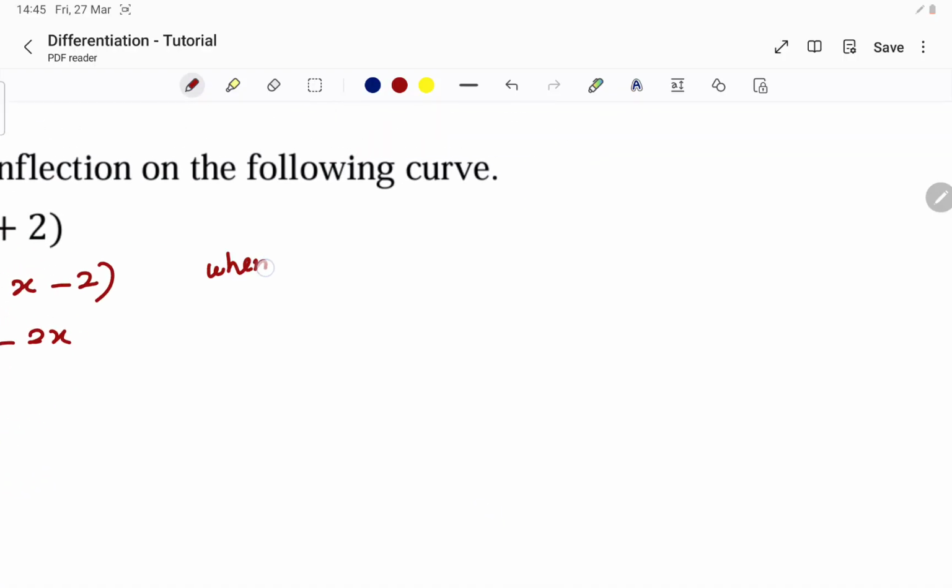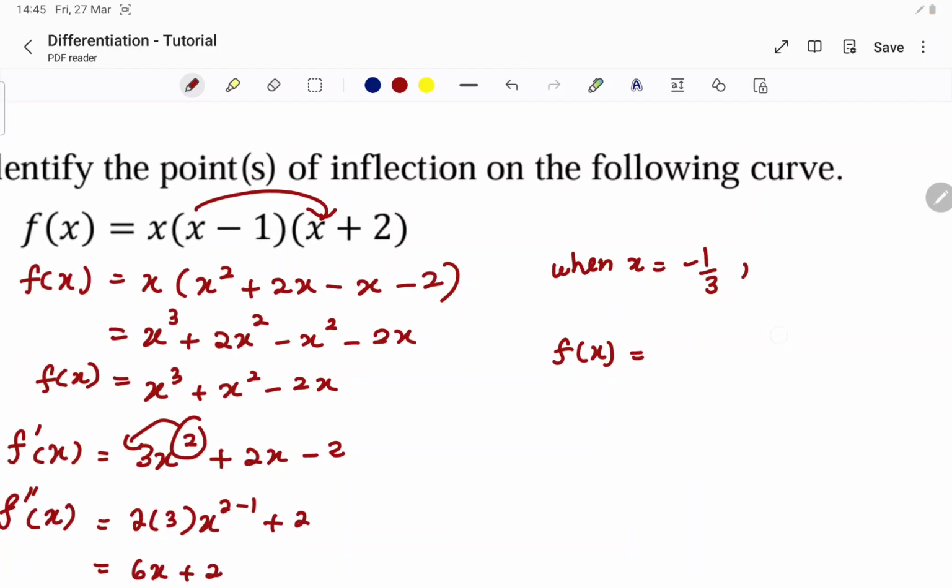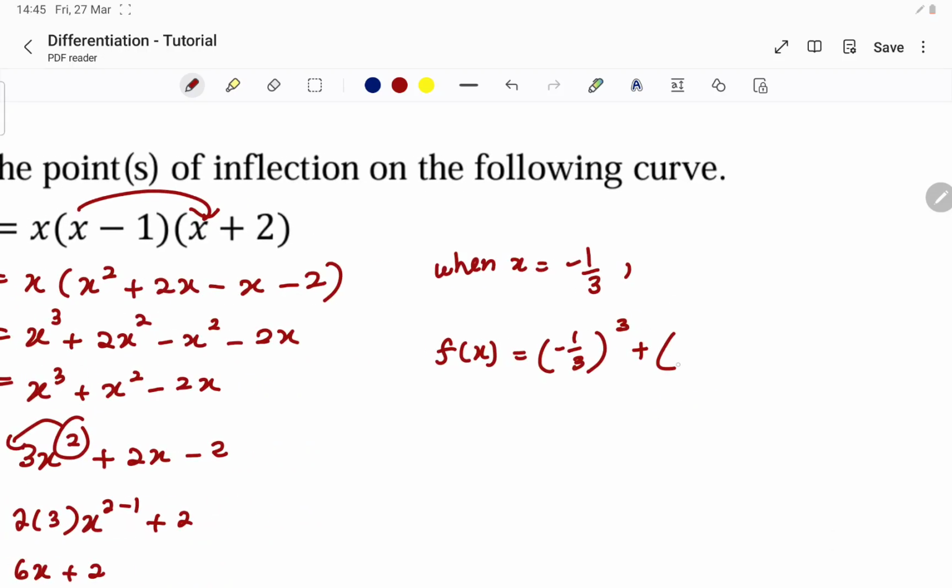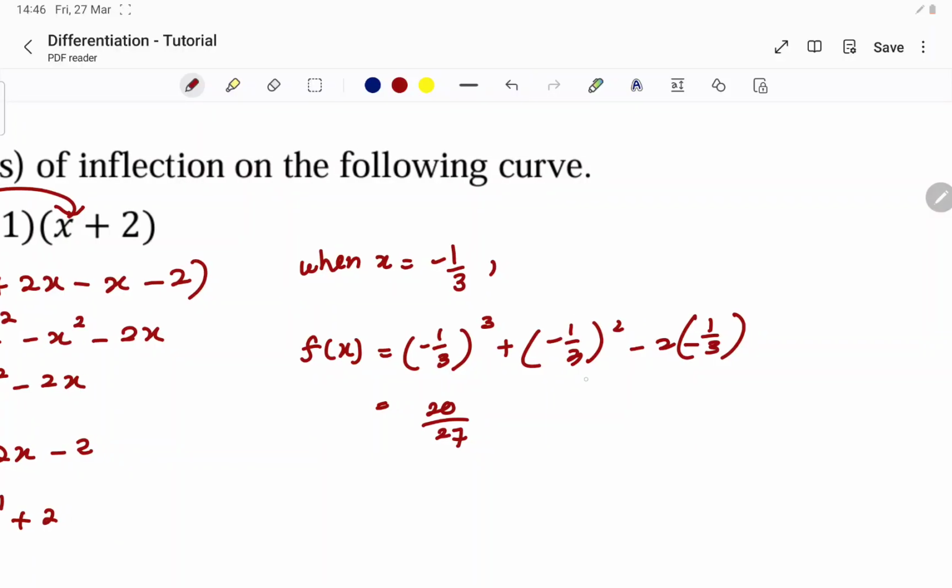So when x is equal to negative 1 over 3, your f(x) is equal to negative 1 over 3 cubed plus negative 1 over 3 squared minus 2 multiplied by negative 1 over 3. Use your calculator here, you're going to get 20 over 27. So right here you get a point, negative 1 over 3, 20 over 27.